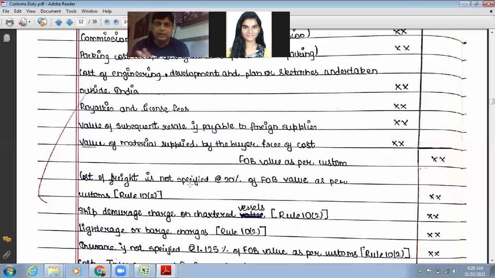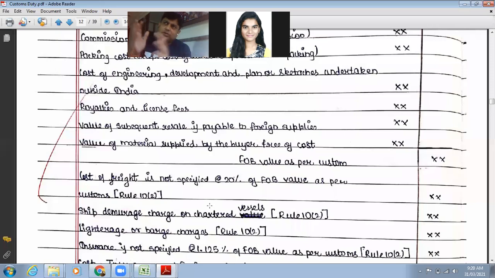Just now you have also seen in the Suez Canal, there was a huge Chinese ship which got stuck, and it is going to incur a loss of crores and crores of rupees. For more than a week, there was huge traffic. Because of that, a huge amount of cost has been involved. So those extra freight costs will also be part and parcel of the value of imported goods.